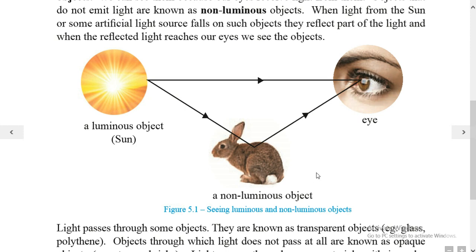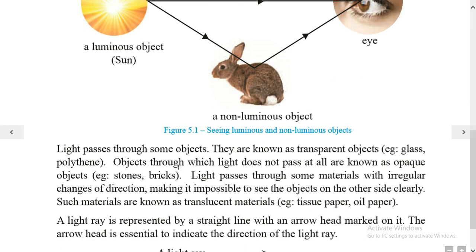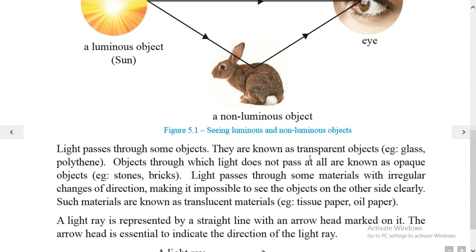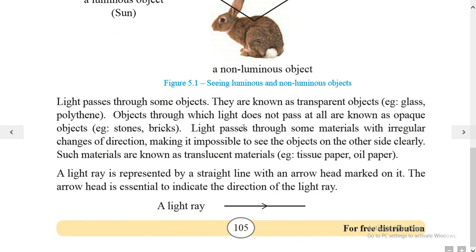Then another part given here is the three types of objects. You also learned this in previous grades. Remember, there are three types of objects: transparent, translucent, and opaque objects. Transparent means objects that light passes through very clearly.